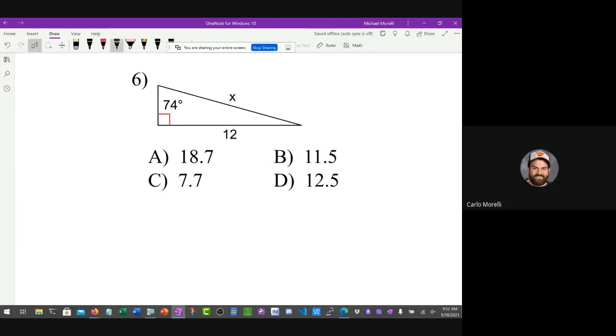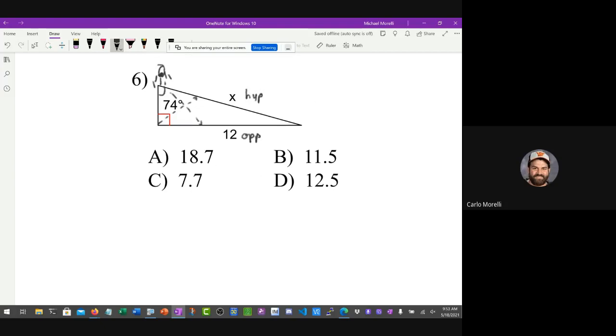Looking at number 6, we're given this top left angle. So I'll put my eyeball up there. From the perspective of the eyeball, the 12 is opposite the eyeball. So 12 gets OPP. And then from the perspective of the red right angle marker, the x is the hypotenuse.